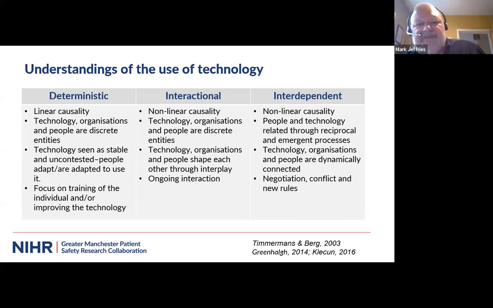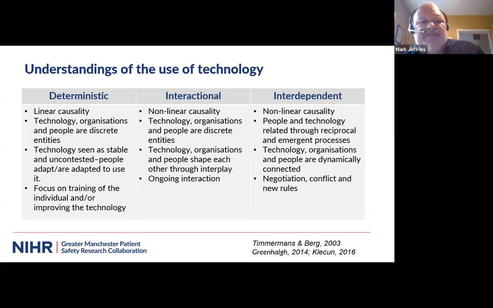Other theories are more interactional and see that technology is just one part of a system, and technology is shaping people and organizations, and people are shaping technology. There's an interaction between the things, but it's still seeing them potentially as discrete, separate things.